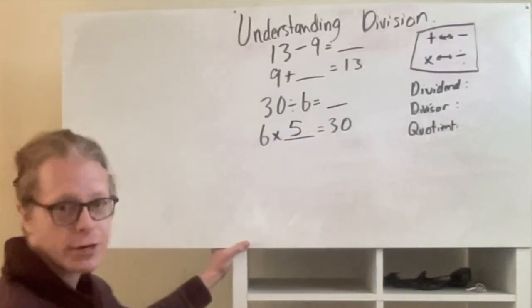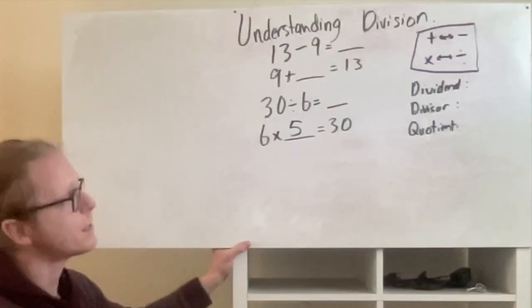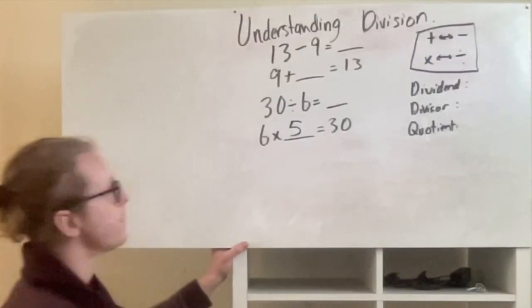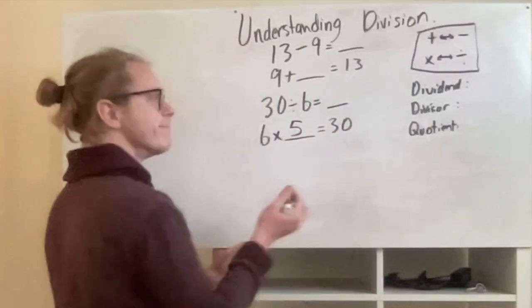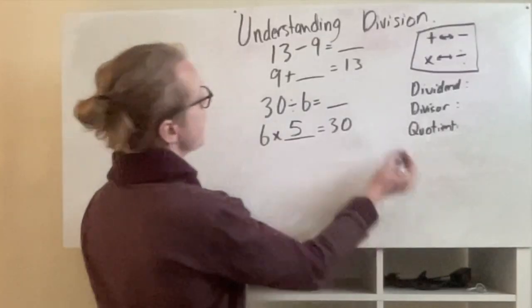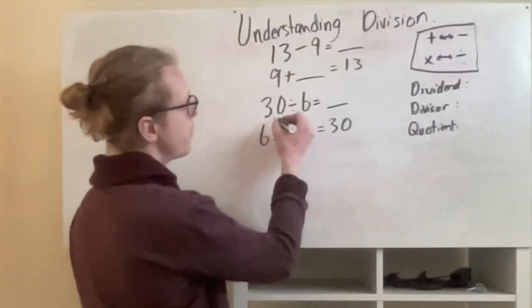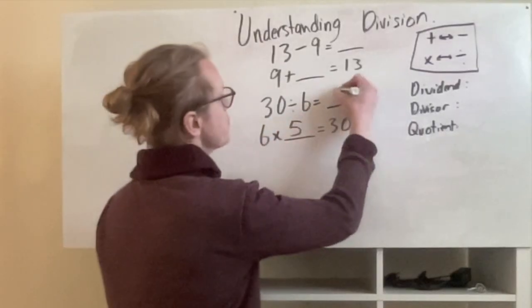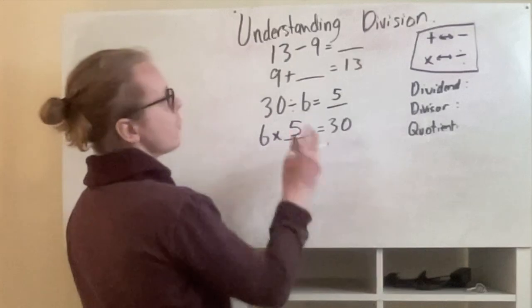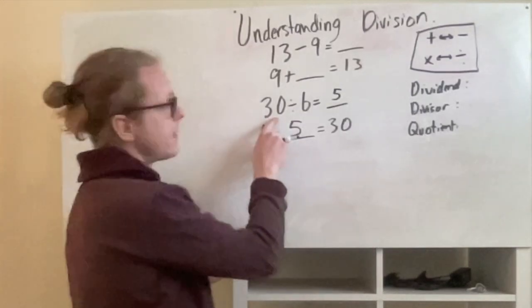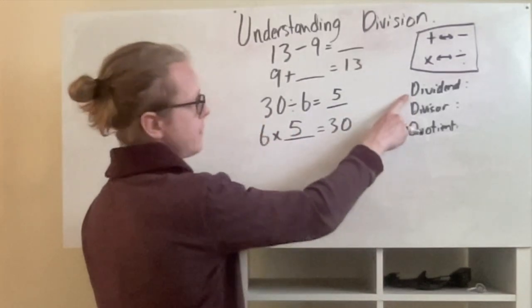Okay, I also wanted to touch on a little bit of vocabulary. It's not super important, however, we still should go over it. So in this division equation, 30 divided by 6 is equal to 5. We call the number that is being divided the dividend, okay?